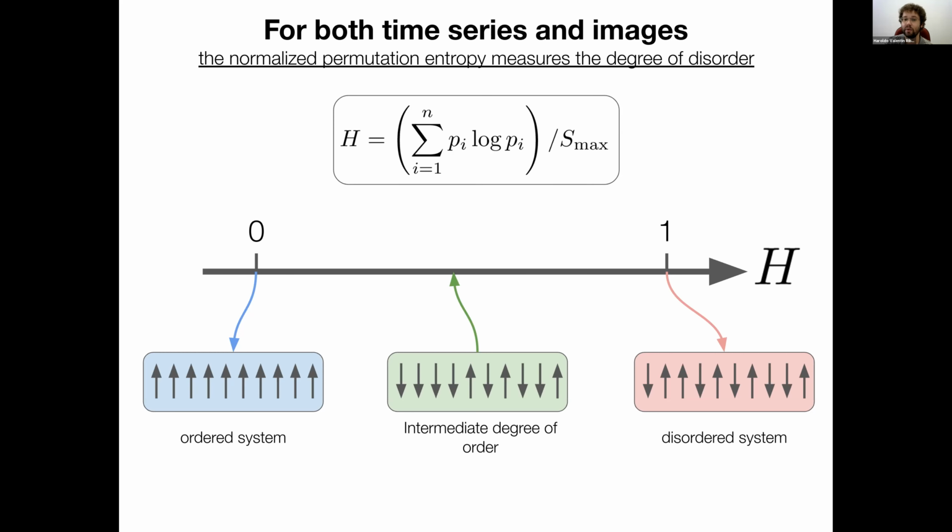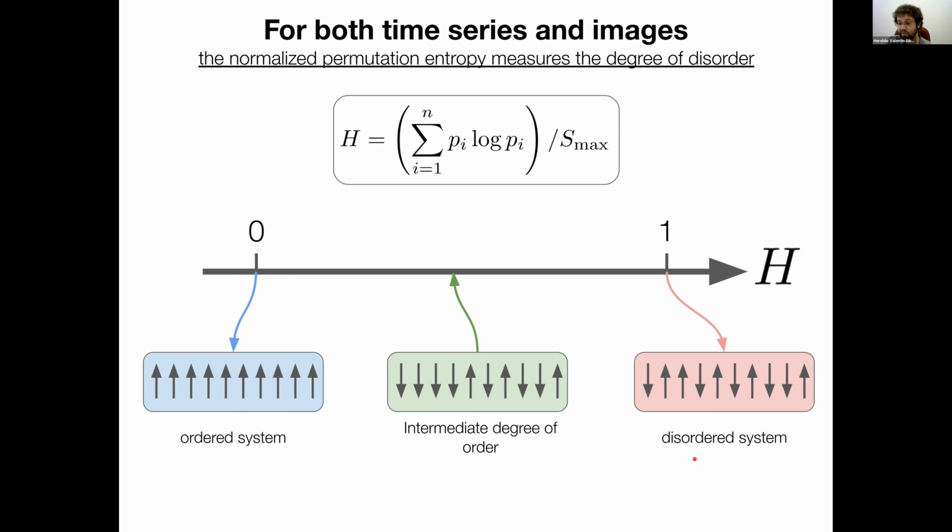In this case, if we calculate the normalized permutation entropy, we end up with a low value. This is basically the same if we have a very regular image, for instance, just a blue image. Again, we will find just one ordinal pattern, and all the others will have probability 0, and then we have a permutation entropy equal to 0. So order is characterized by low permutation entropy.